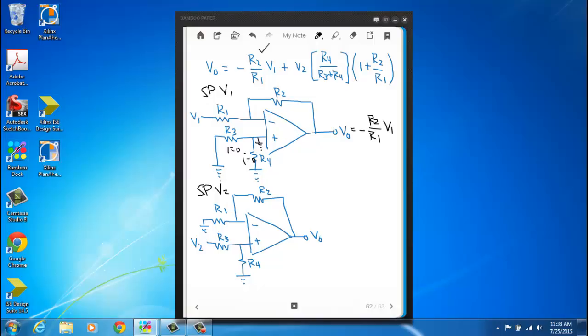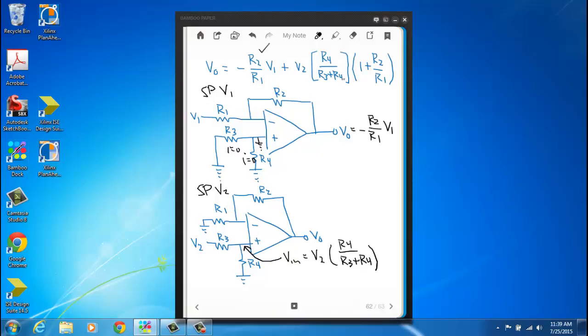And then if you look at the superposition circuit for V2 with V1 shorted out and grounded, well, now you have a non-inverting amplifier where at the non-inverting input you have a modified V2. It's been voltage divided. So you see your input to the non-inverting amplifier is just V2 times R4 over R3 plus R4. So this is the voltage that's being amplified by the non-inverter.